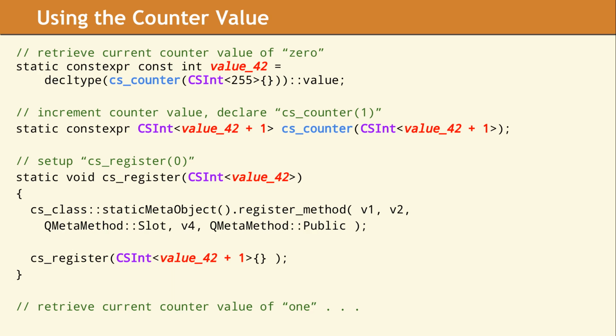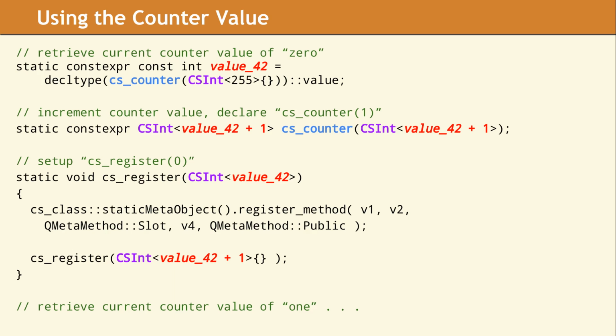And as you'll see, we've declared a CS register overload that takes a wrapped 0, because value 42 is 0. It does some work. The exact details are something that we'll explore in a later talk. And then it goes on to call CS register, passing a wrapped 1 as the parameter.